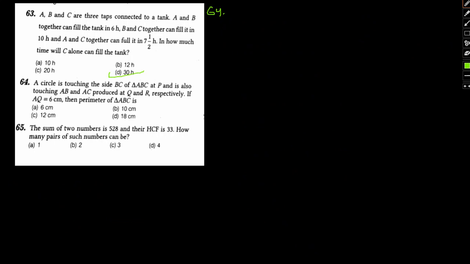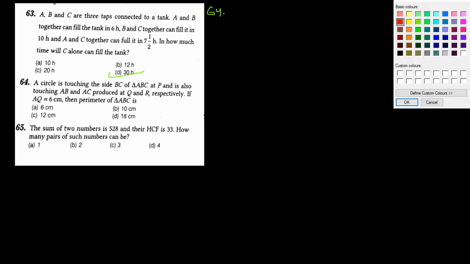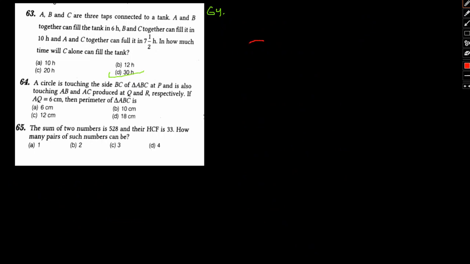A circle is touching the side BC of triangle ABC, and is also touching AB and AC produced to Q and R respectively. If AQ is 6 centimeters, find the perimeter of triangle ABC. Let's try and draw the diagram. We have a circle here, and we have two tangents.